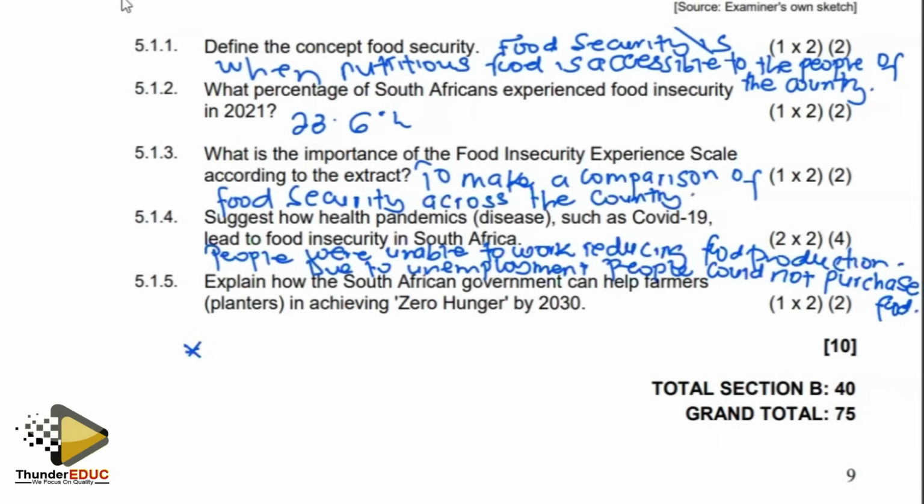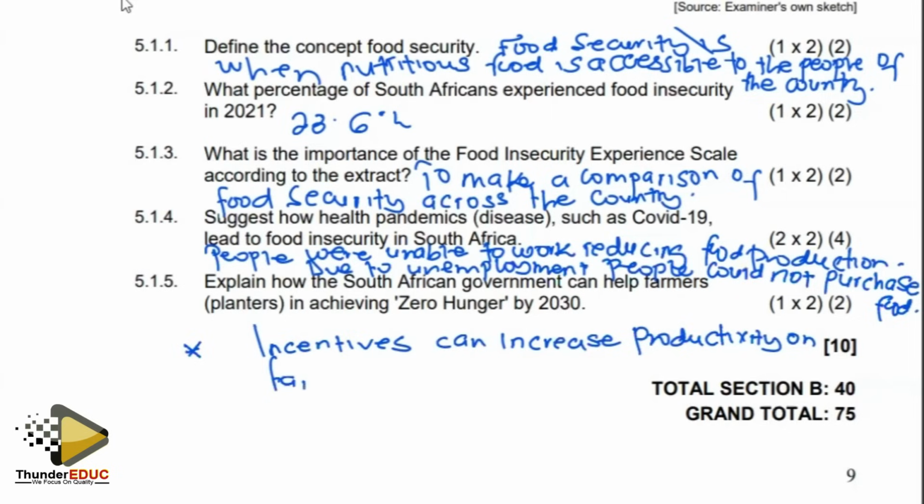One, they must set up incentives that can increase productivity on farms, and also providing modernized farming equipment.